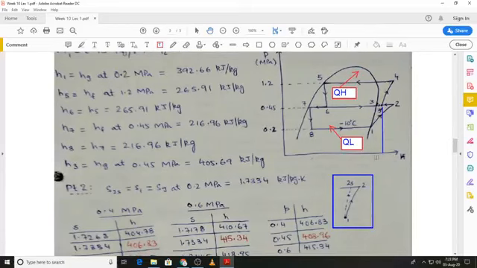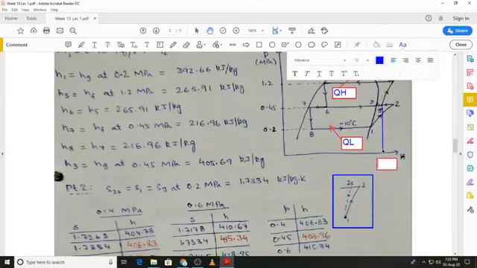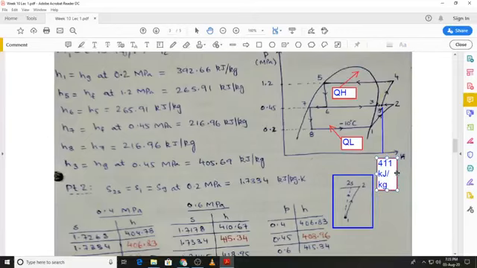So I can again show it over here, that this will be approximately 411 kilojoule, and this is the value that will allow us to locate state point 3 prime on this line 2 3.